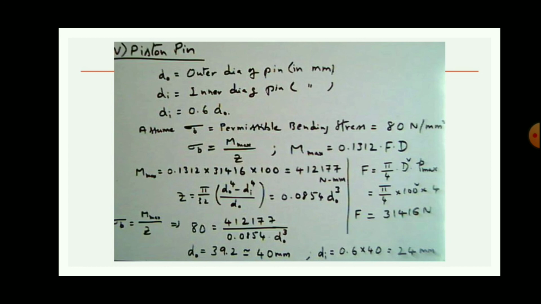By using the relation DI equal to 0.6 into DO, we will first be able to calculate DO, and then we will also be able to calculate DI. So finally we have found all the values required for the piston to be designed. That's all. Thank you.